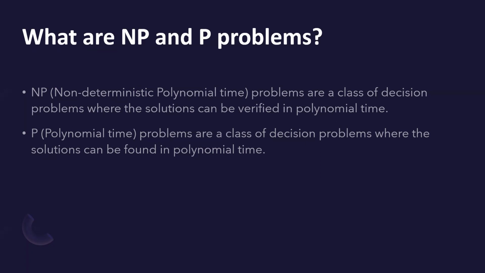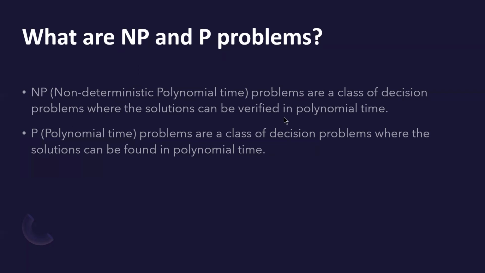Now, that basically just boils down to meaning P problems are solvable, realistically speaking, and NP problems aren't exactly quite like that. So there's different types of NP problems as well. There's NP hard, there's NP complete, and there's just the normal NP one as well.